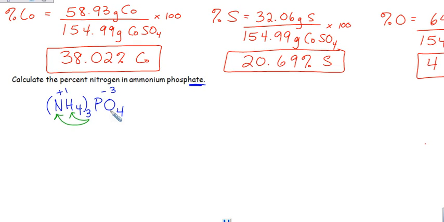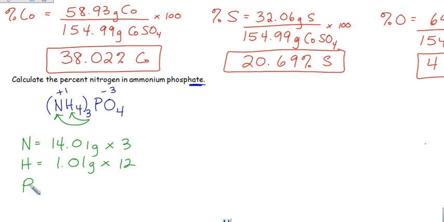So when I plug this in my calculator, I'm going to do this. I'm thinking nitrogen's mass is 14.01. I'm going to multiply by 3. Hydrogen is 1.01 times 12.